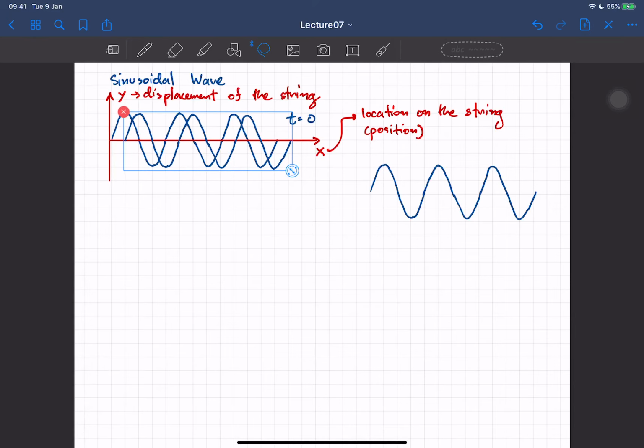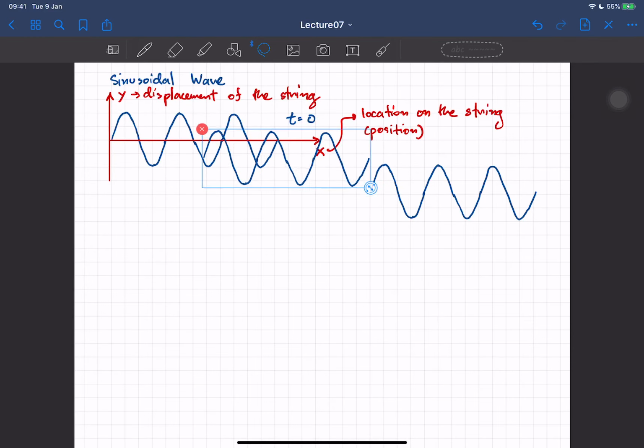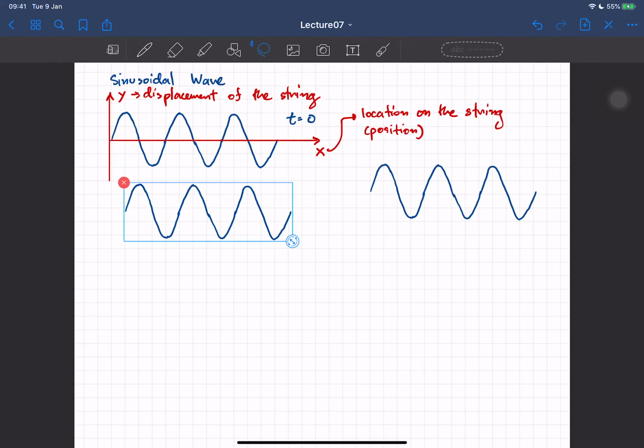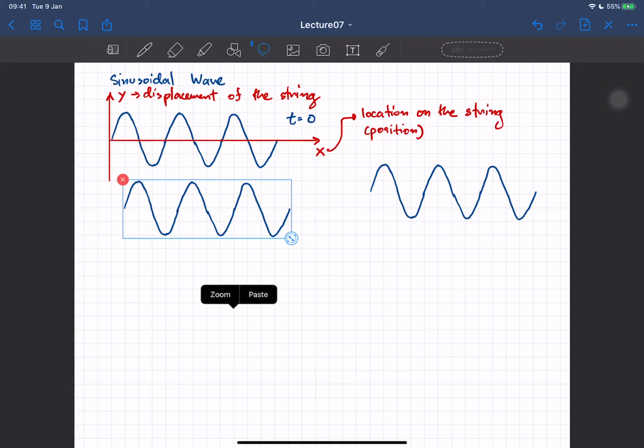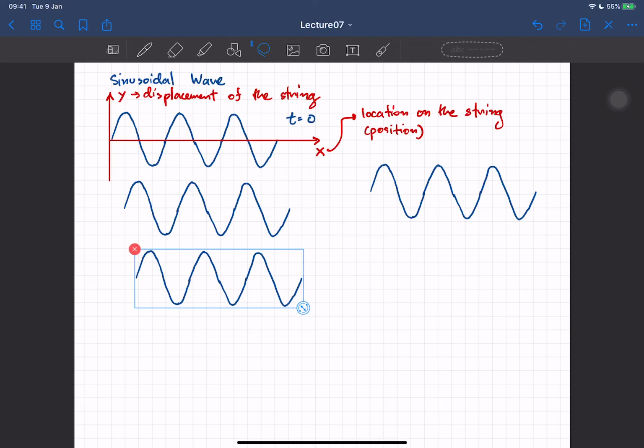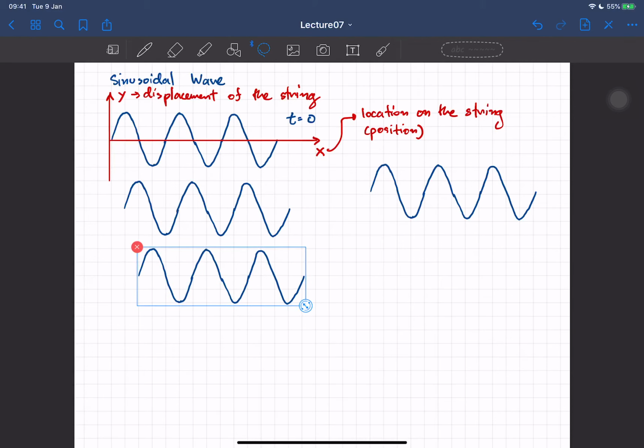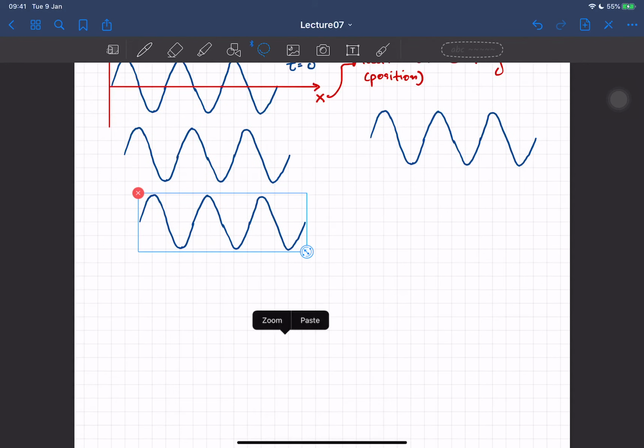Okay, so you see what I'm getting at. So if you wait long enough, it's just going to keep on going like that. Okay, so after 1 second, let's say the wave is here. Another second passes, then it's going to be here. Another second passes, it's going to be here, right?